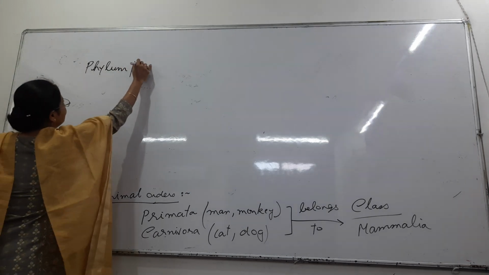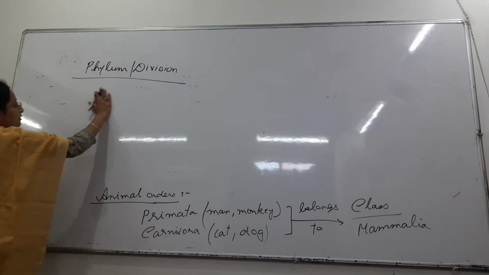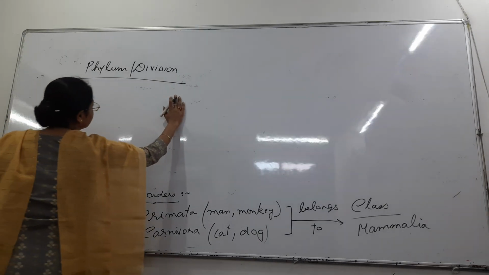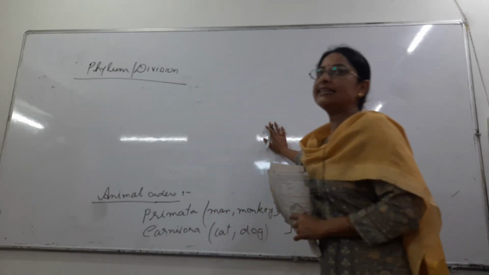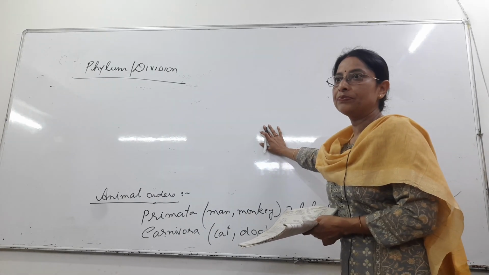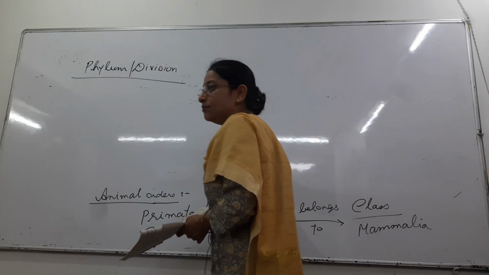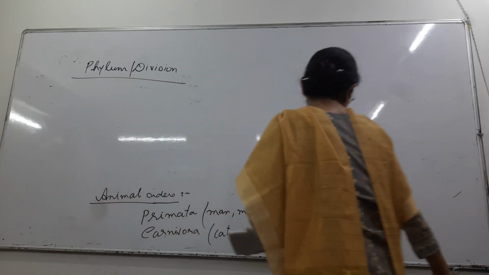And what do you know about phylum and division? One is assigned for plants and the other is assigned for animals. For animals we have phylum, for plants we have division.